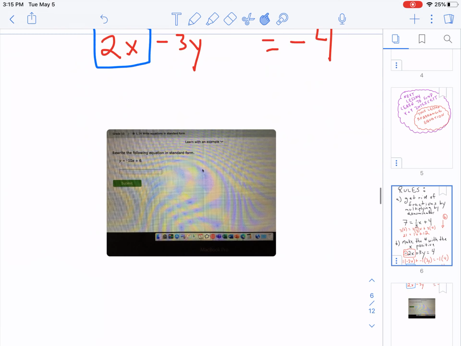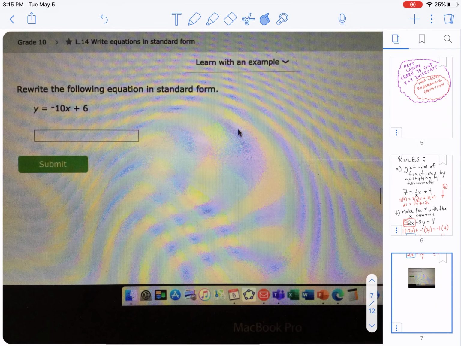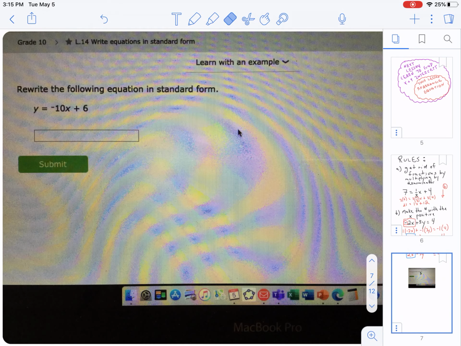Okay, let's try some examples. We have to rewrite this equation in standard form. So we have y equals -10x plus 6. What we have to do is get the x and the y both on the left side and leave the number on the right side.